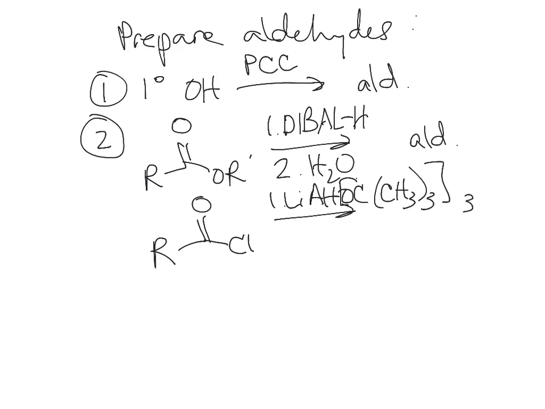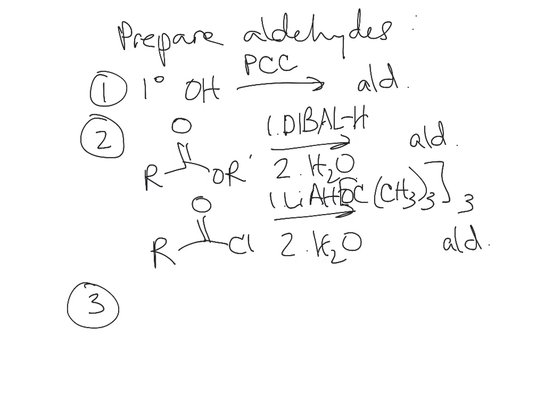There's our lithium reagent, and then again we have water to quench the reaction. You'll end up with an aldehyde at the end. So if you start with an ester, you use diisobutyl aluminum hydride, your mild reducing agent. If you start with an acid chloride, you use the large lithium reducing agent.